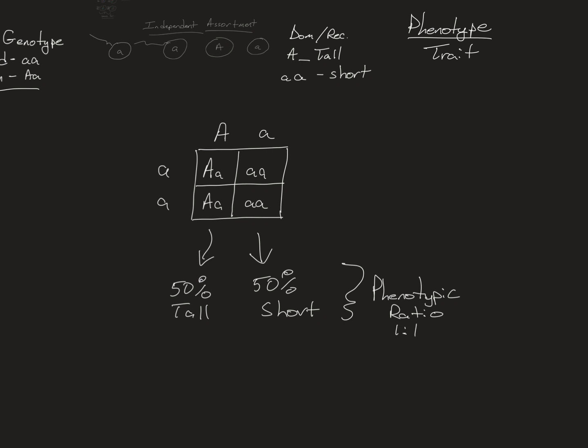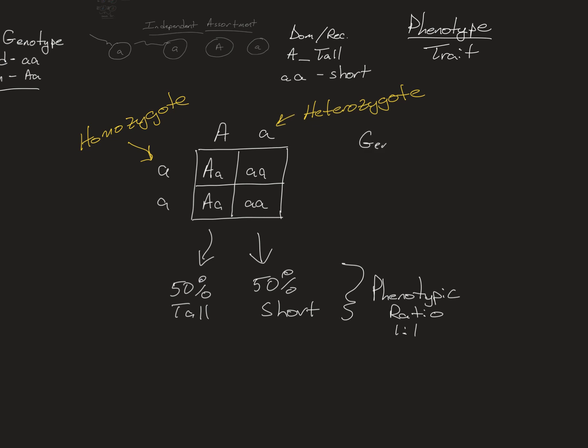By the way, to remind you, mom has different alleles, so we call her heterozygote. And dad has the same, so we call him what? Homozygote. So one is homozygote, the other is heterozygote. That's the phenotypic ratio.